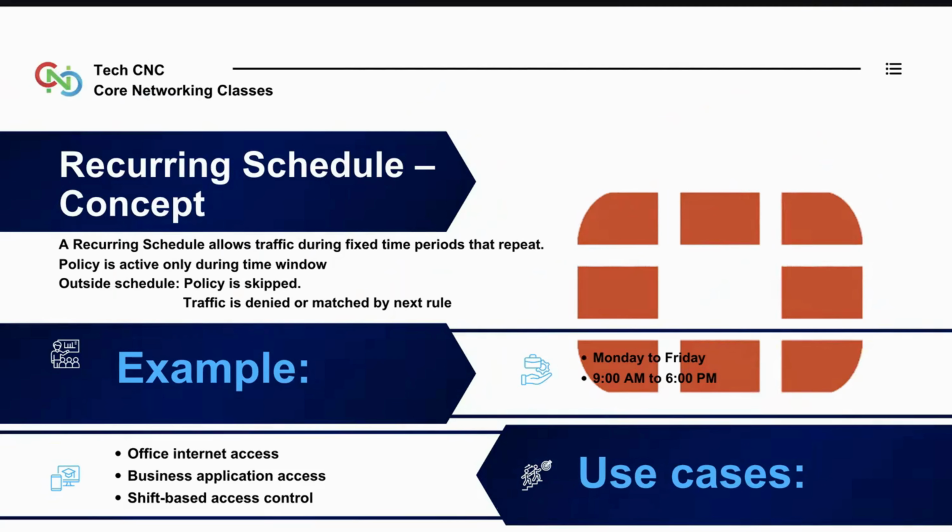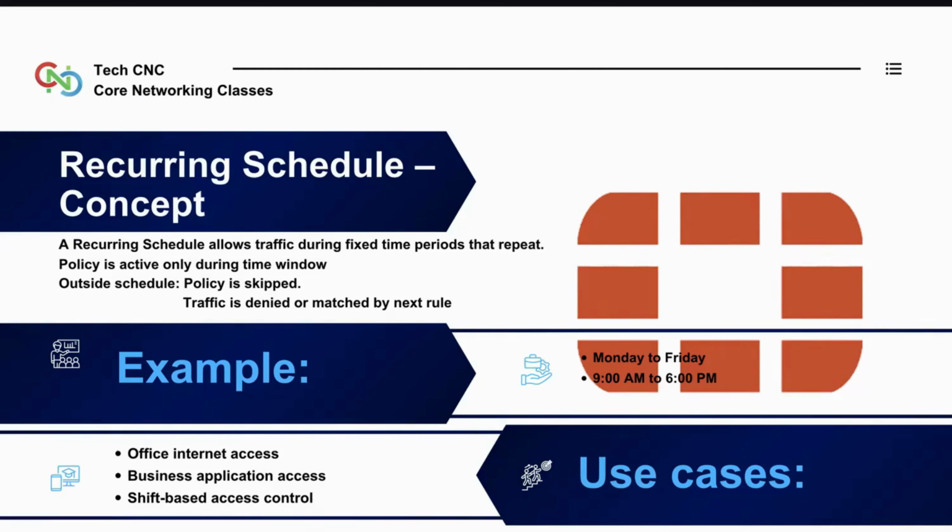Then again next week, it will be available from Monday to Tuesday for those 2 hours. As an example, Monday to Friday, 9 to 6 p.m. The use cases are office internet access, business application access, and shift-based access control.